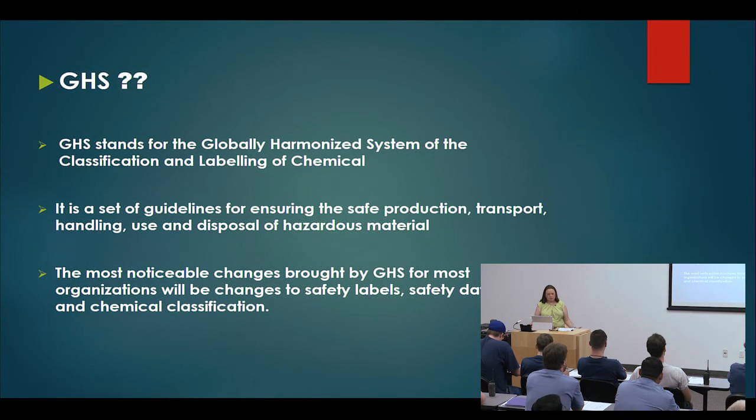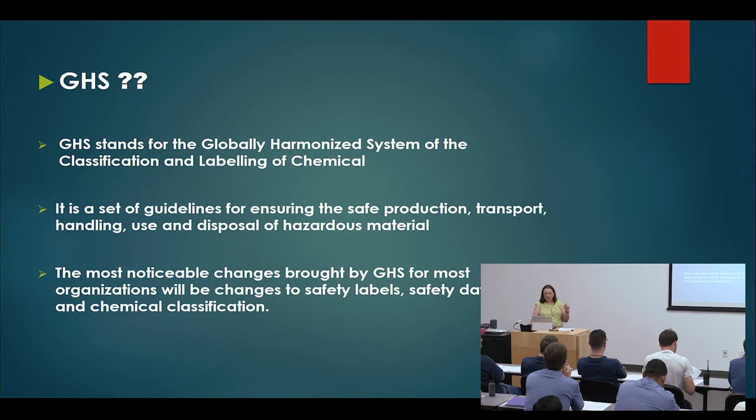Okay, GHS. What is GHS? GHS stands for Globally Harmonized System of Classification and Labeling of Chemicals. So it's a government entity that came together and said, we want to have a more uniform process in place for identifying, transporting, and using hazardous materials.